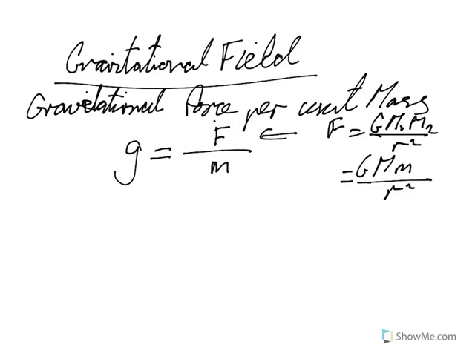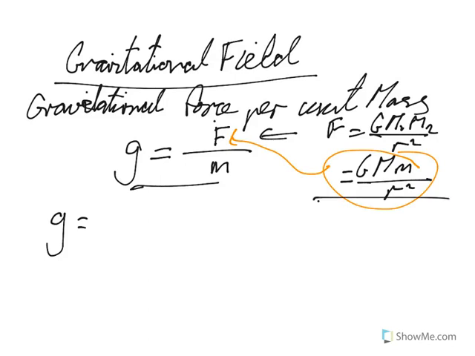So if we take this bit and substitute it in there for F, we can say that the gravitational field strength therefore is big G, big M, little m over r squared, divided by little m.